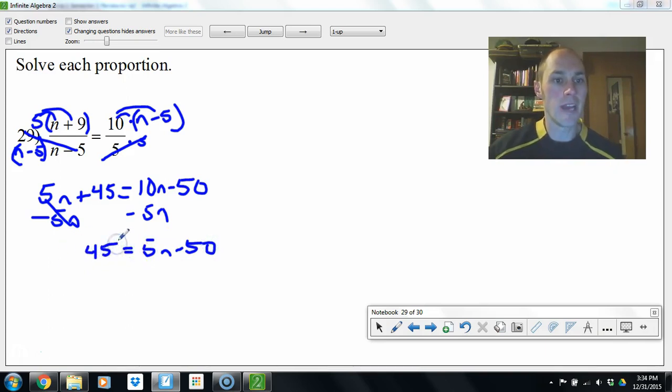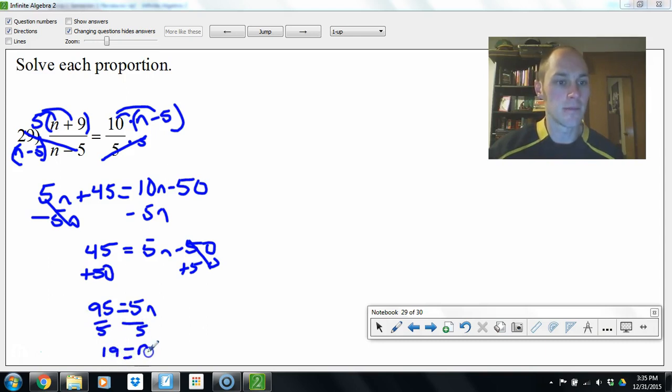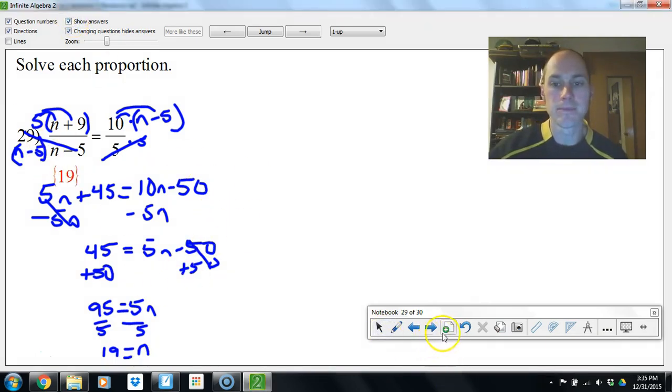So I am going to add 50 to both sides. When I add 50, that gives me 95 equal to 5n. And then it's a matter of dividing by 5. That'll give me 19 equals n. So if we check that over, n is 19.